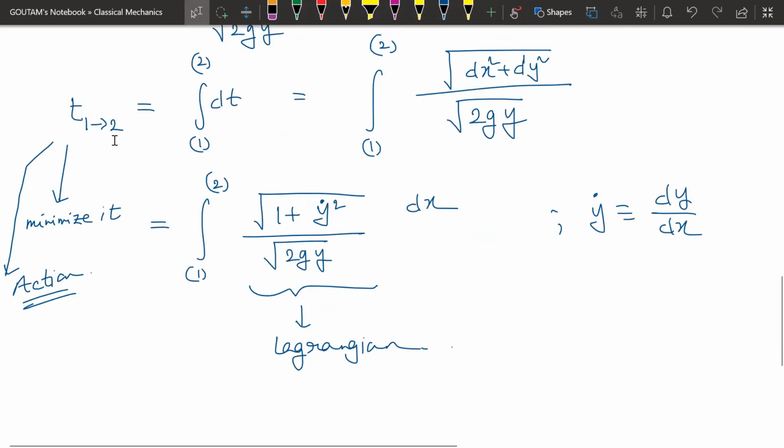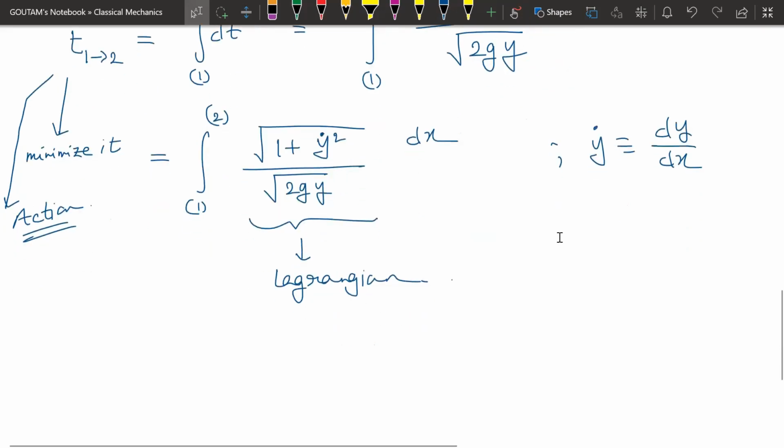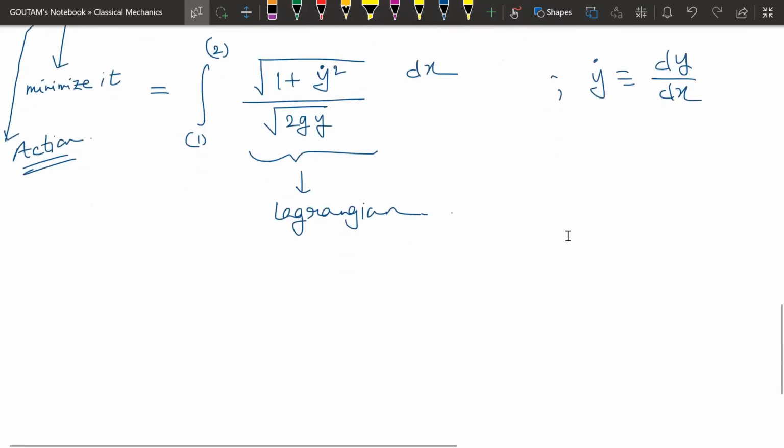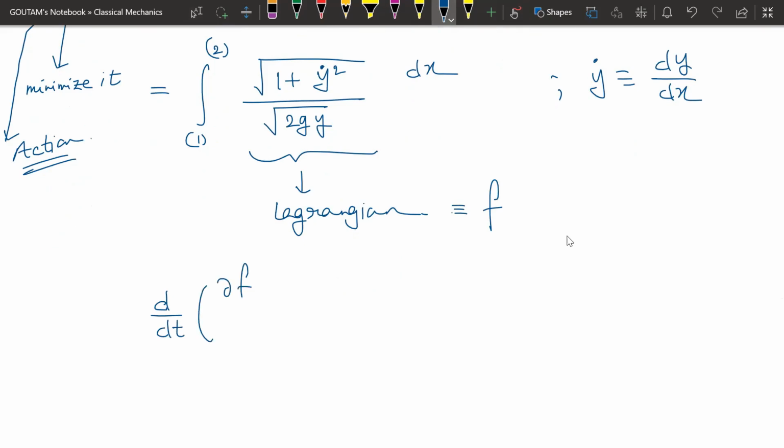If this action has an extremum value, Hamilton's principle says that this Lagrangian must follow the following equation. Let's call it f. So f must follow d/dx of ∂f/∂y dot minus ∂f/∂y equals 0.